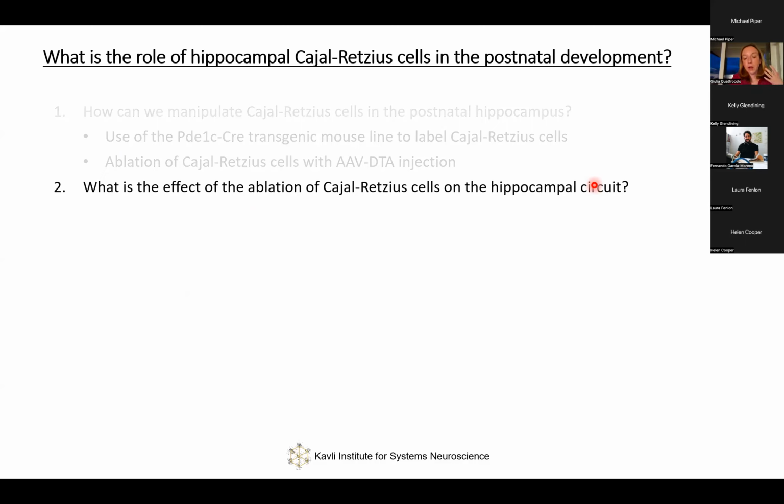For this, we got inspired a bit by the literature on neocortical Cajal-Retzius cells, especially the group from Garel and Pierani in Paris, who have shown that changes in the density of Cajal-Retzius cells can affect the spine density of pyramidal cells.